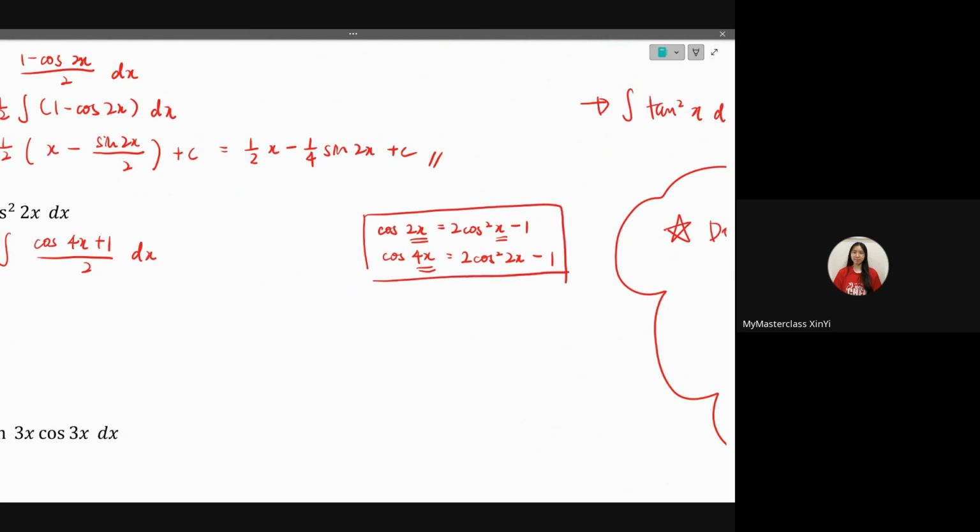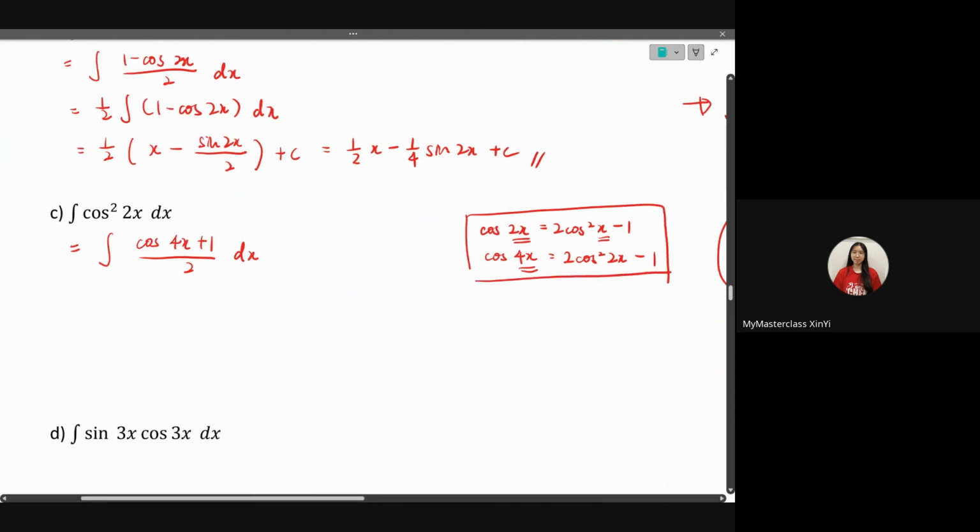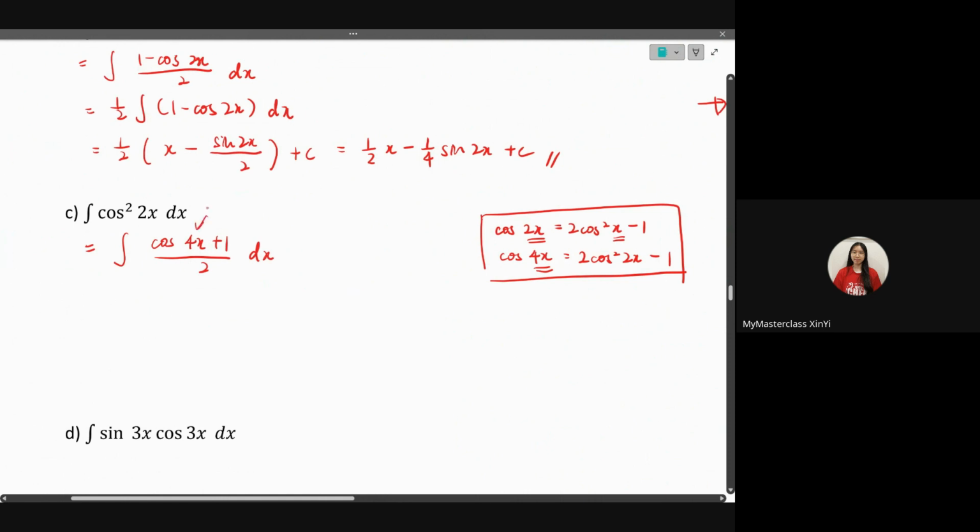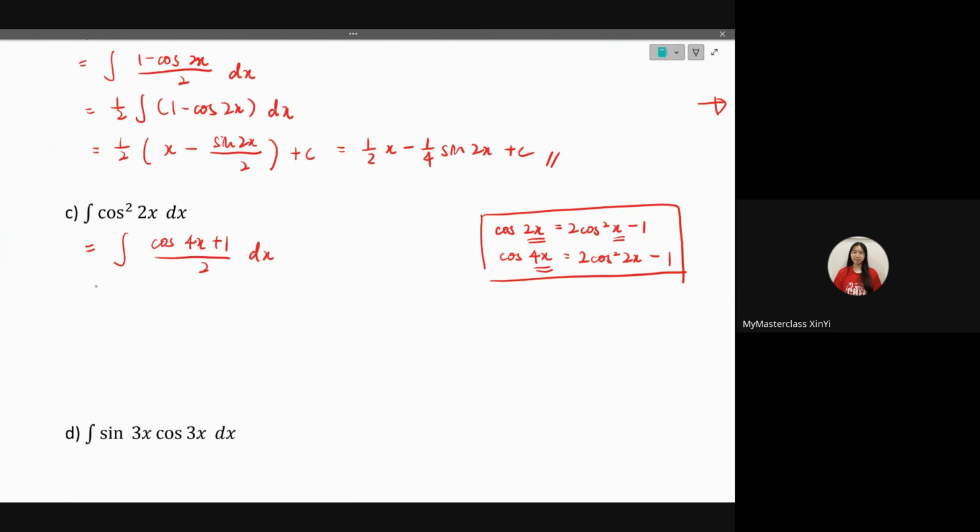Okay, so that's why I replace this as cosine 4x plus 1 divided by 2. Therefore, I will take out the half first. Then I will get cosine 4x plus 1 dx.